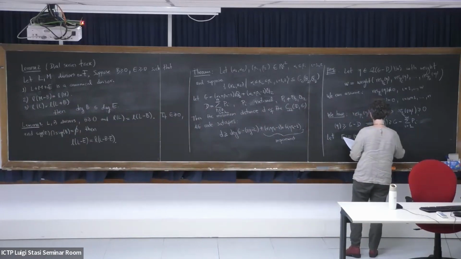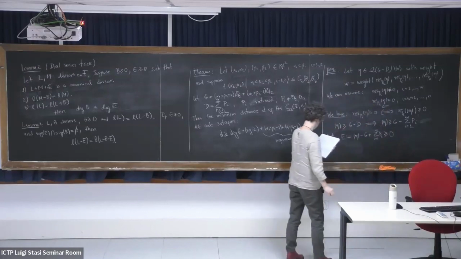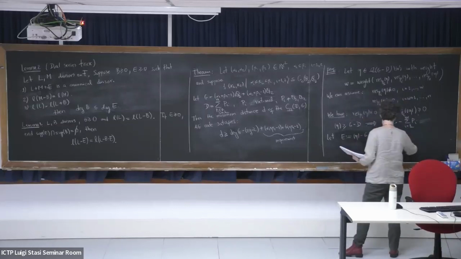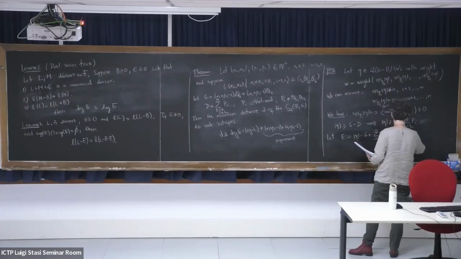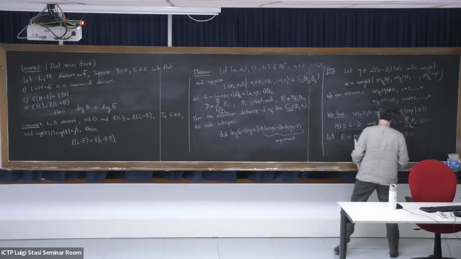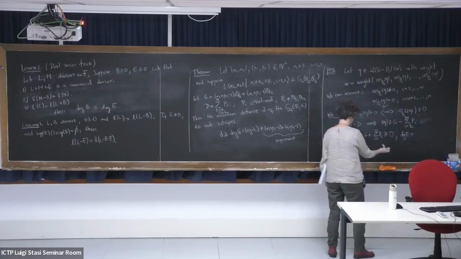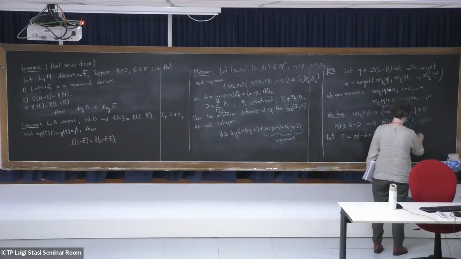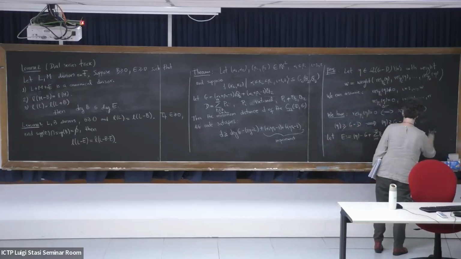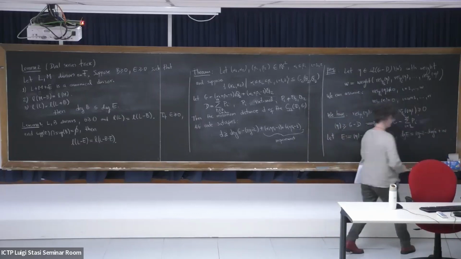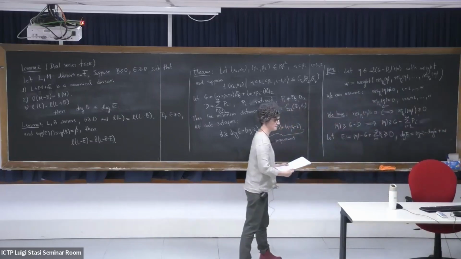This is a positive divisor, and it has degree, since these are canonical divisors, 2G minus 2, minus the degree of G. And the degree here is omega.